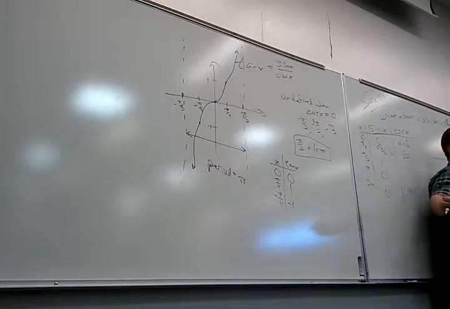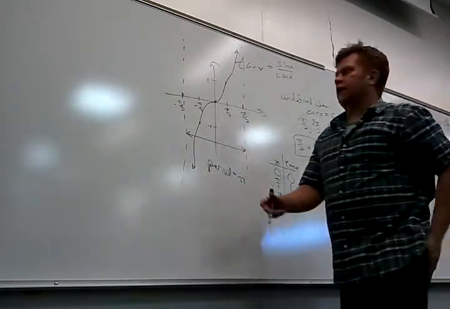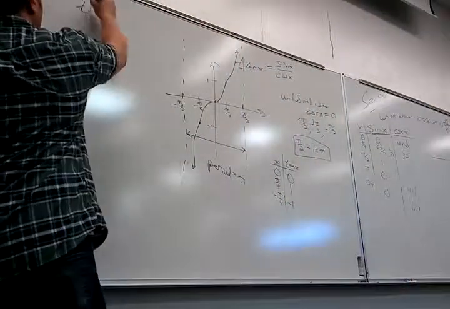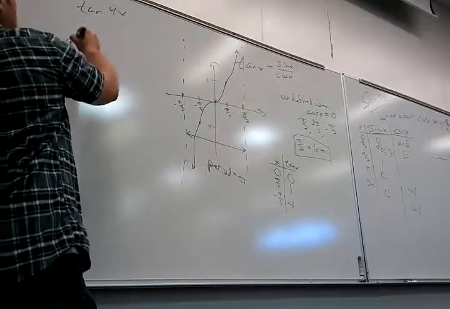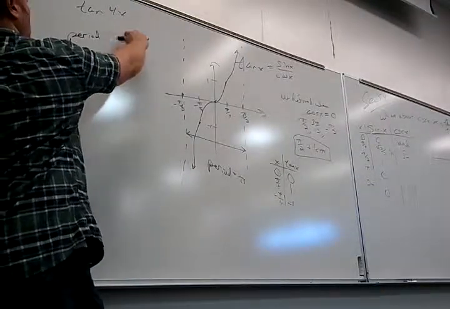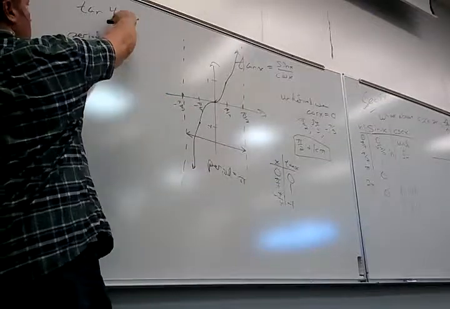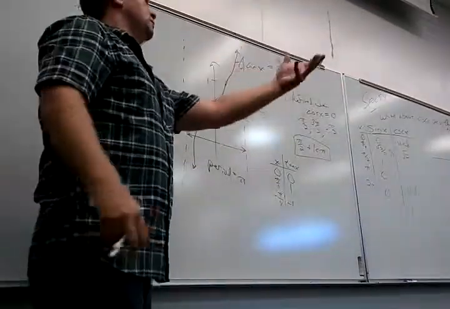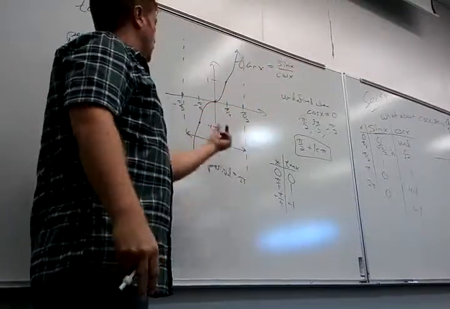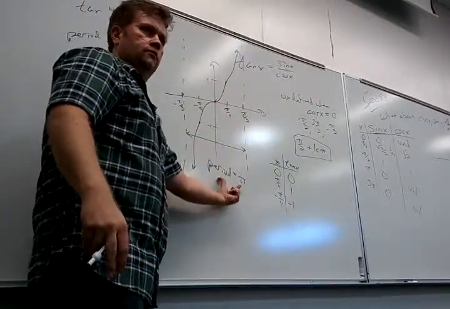We're not going to do a lot of this kind of thing, but if I did have this, what would this guy's period be? What is it normally? Pi. Divided by the coefficient, now it'll be pi over 4. Same process, you just have to use pi instead of 2 pi, because tangent is pi normally.